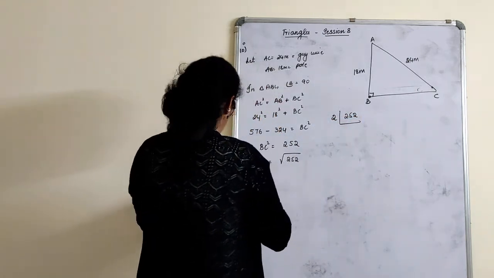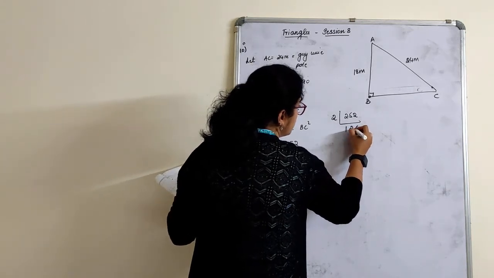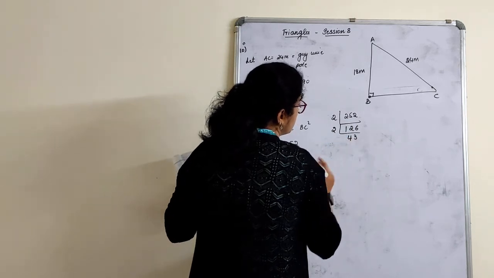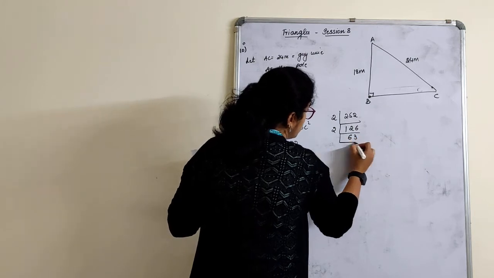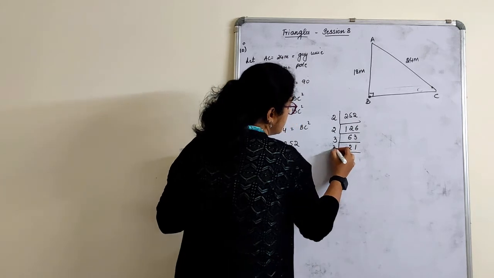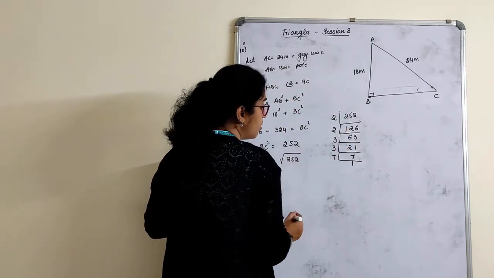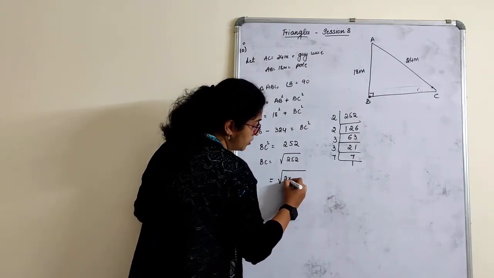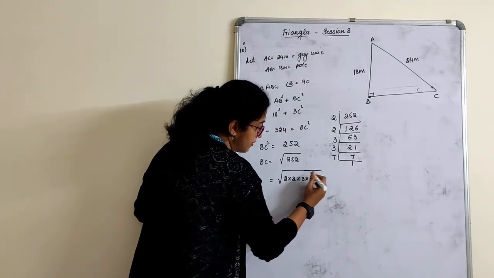We write this in the form of 2 into 2, 3 into 3 into 7.